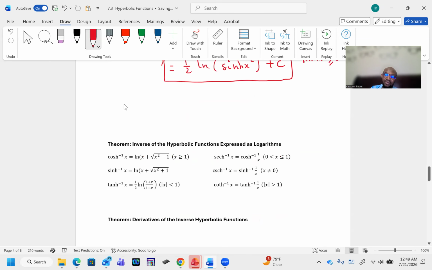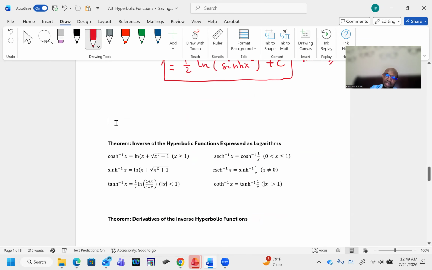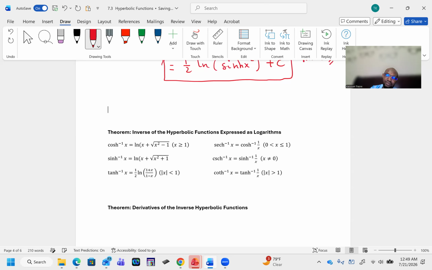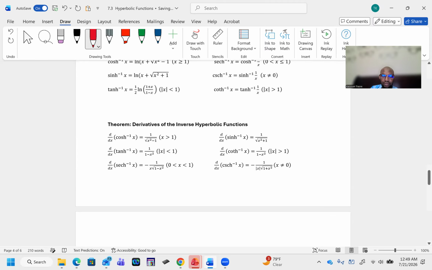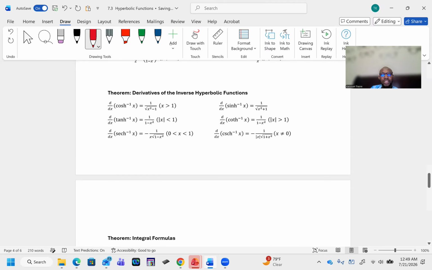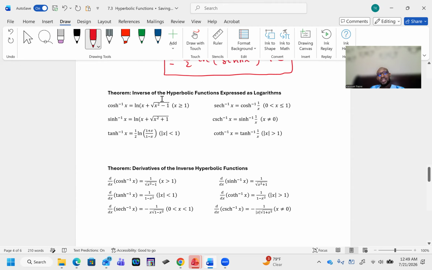So now we have this theorem: the inverse of the hyperbolic function expressed as a logarithm. You know the inverse of exponential is the logarithm. Hyperbolic functions are represented with exponentials, so their inverses would be logarithms, right?